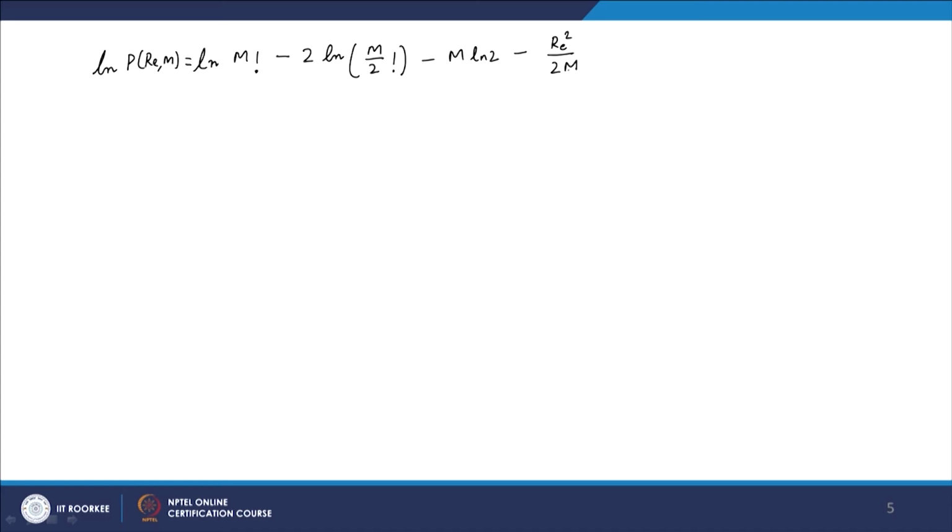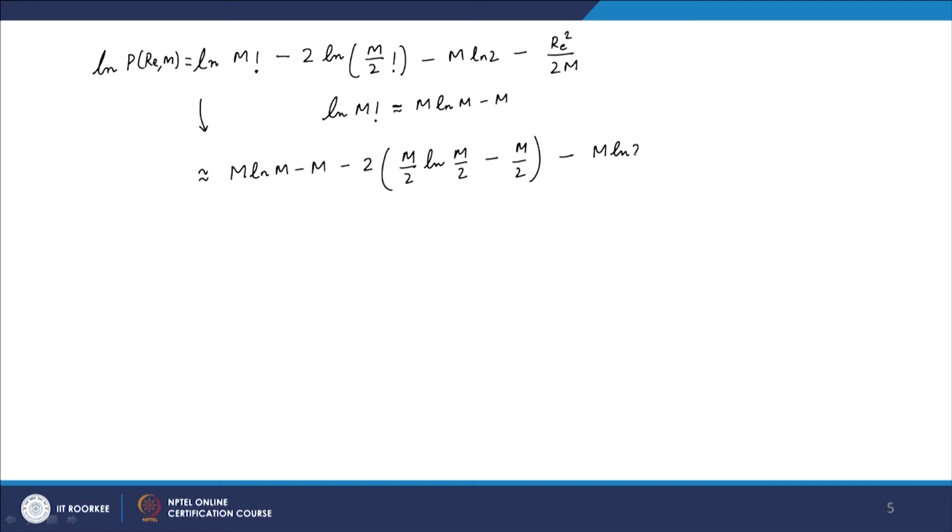And if I now approximate ln of m factorial as m ln m minus m, what we do get is m ln m minus 2 multiplied by m by 2 ln m by 2 minus m by 2, minus m ln 2 minus Re square by 2m.